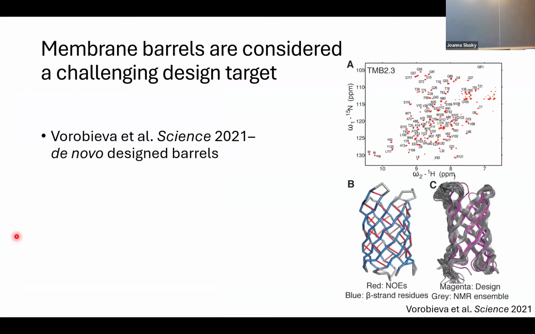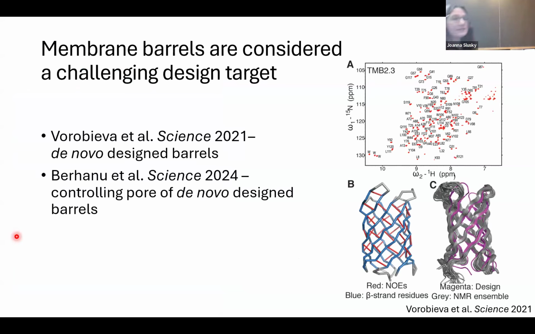There's some landmark work from Anastasia Bordevia, who was at the time in the Baker lab and now has her own lab. At the time, she designed beta barrels de novo for the membrane parametrically. And then more recently she was able to better control the pore of the de novo designed barrels.